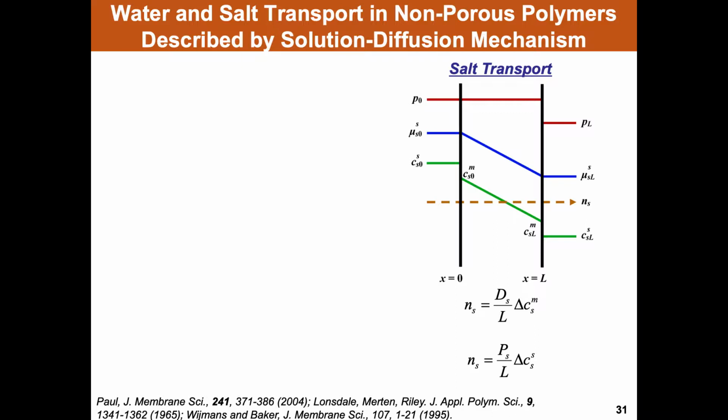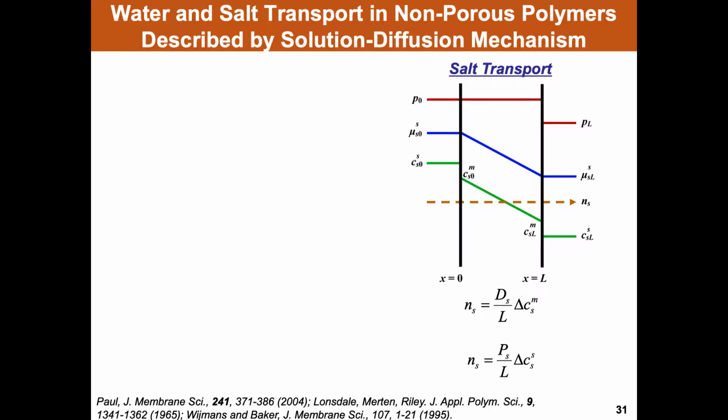There's a difference in salt concentration in the saline solution on one side of the membrane and in the permeate, or clean water side, of the membrane. And that difference in salt concentration sets up a flux of salt through the membrane and drives the transport of salt through the membrane. Fick's law would have the flux being proportional to the concentration difference inside the membrane.